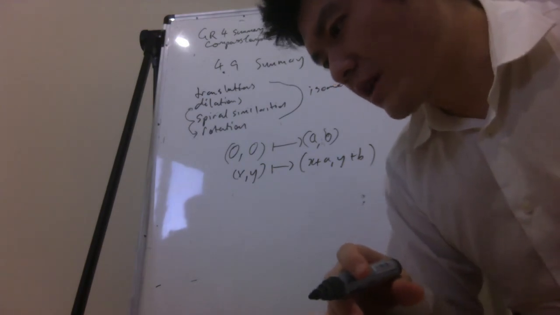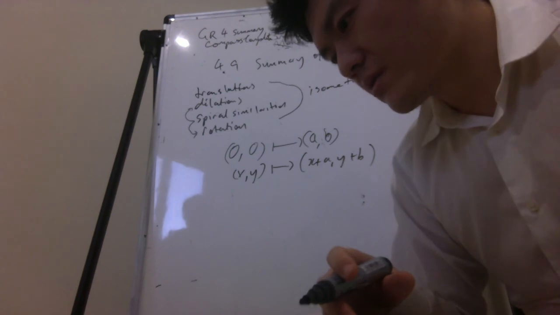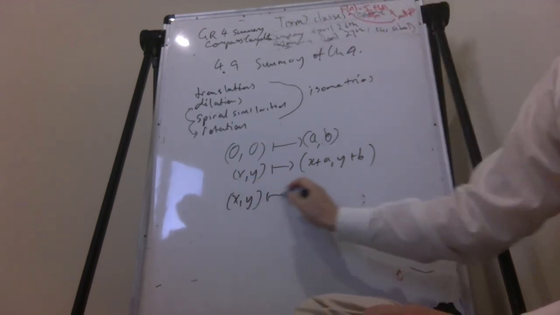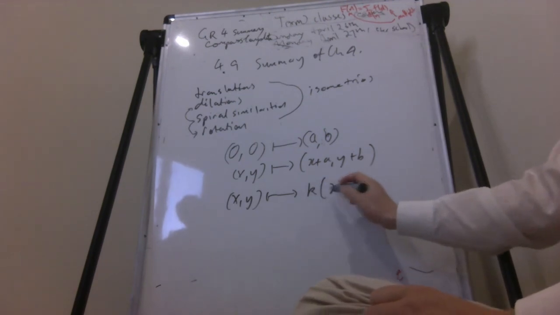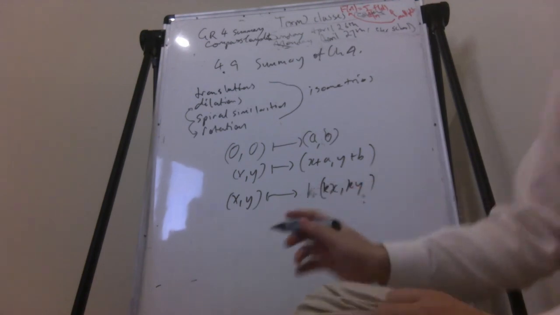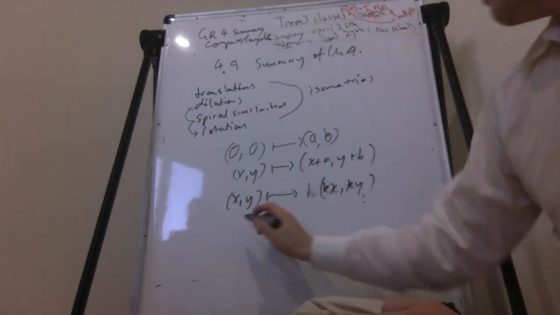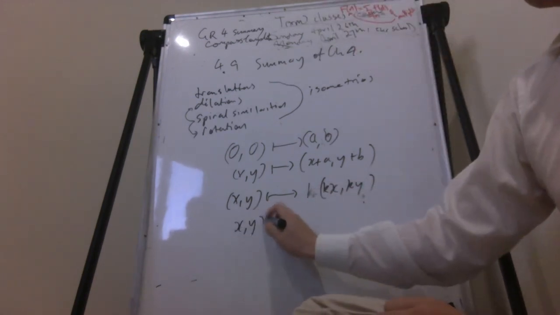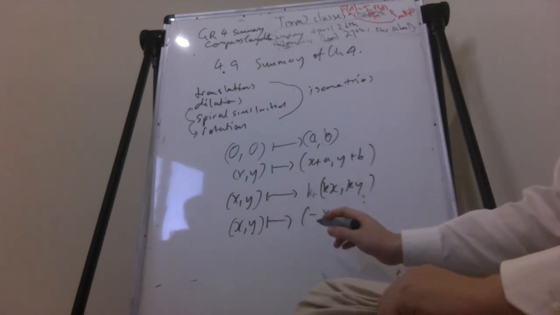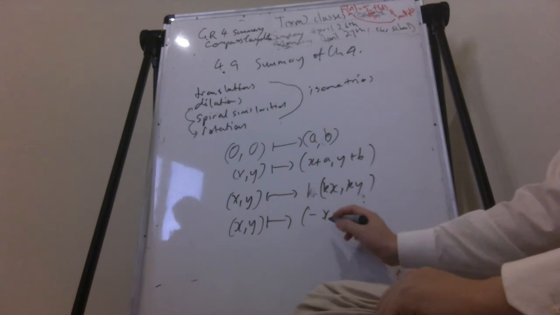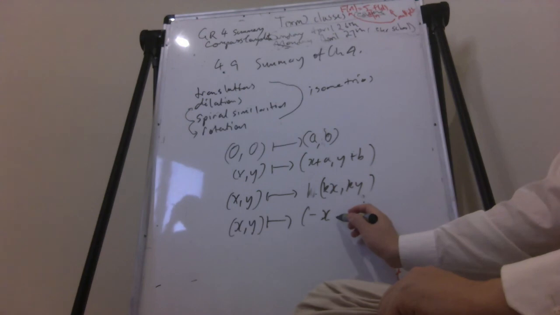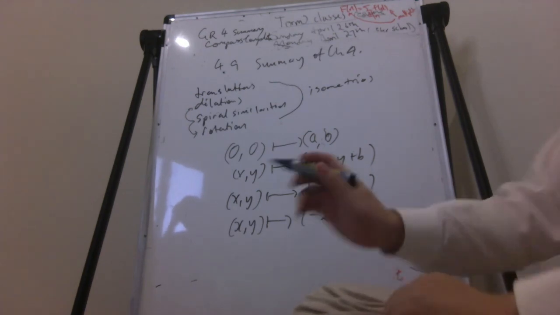A central dilation about the origin of factor k is obviously k times. If you want a half turn about the origin, that's obviously the negative. It's the same as multiplying by i twice, so it's negative.